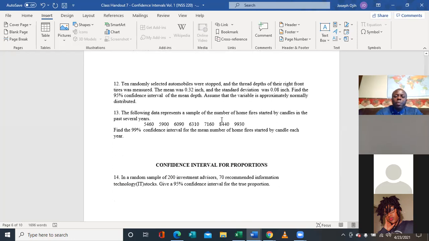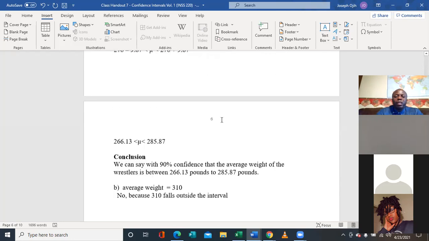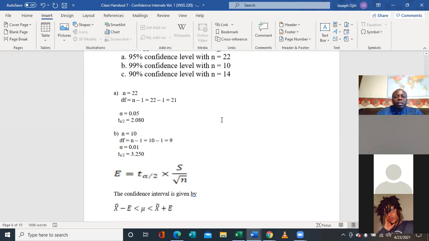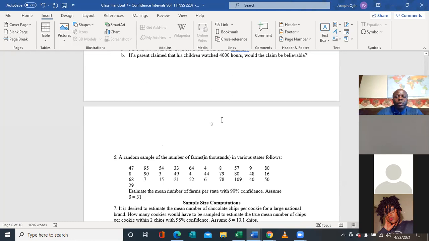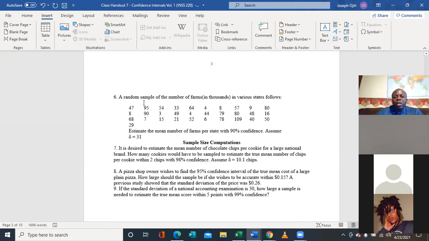Sometimes, like the one in your project, you'll be given a list, like the one we did last Wednesday, and you're asked to find the confidence interval. In that case, I'll give you raw data. You will calculate the population mean, sample mean and sample standard deviation by yourself.